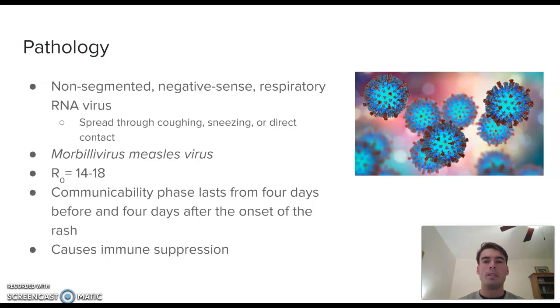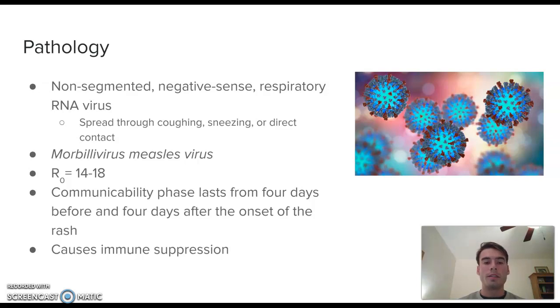What this means is for every one person who is infectious with measles, they will infect 14 to 18 other people. And the incubation period for measles is 10 days. The incubation period is the period from which the virus enters the person to the time which they are infectious. The longest incubation period that has been recorded is 23 days.